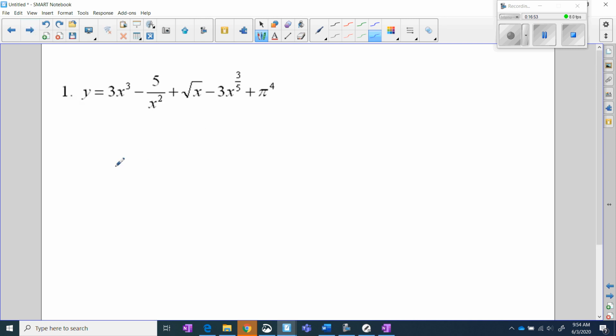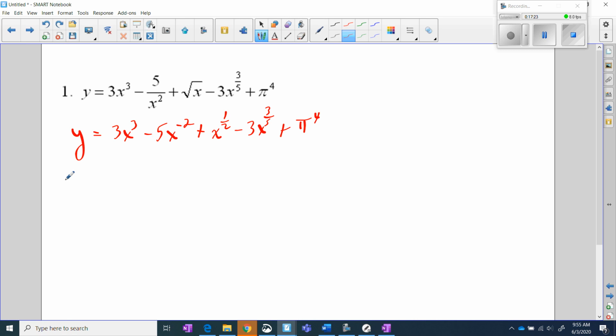So the first one, I'm going to rewrite it. Sorry, let me back up here. It's not y prime. I'm just going to call it y equals. So I'm going to leave that one. It's already good. Instead of 5 over x squared, I'm going to write it as 5x to the minus 2. Instead of square root of x, I'm going to put x to the half, 3x to the 3/5, and pi to the 4 is no big deal. That's just a constant.